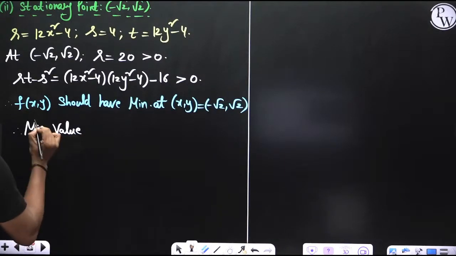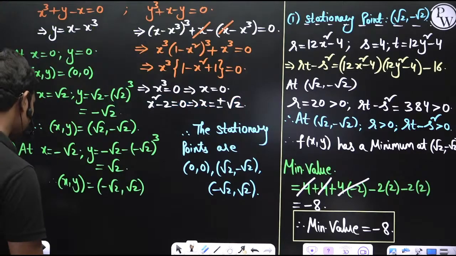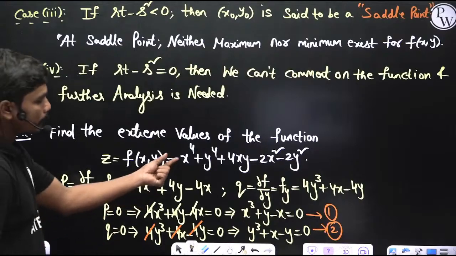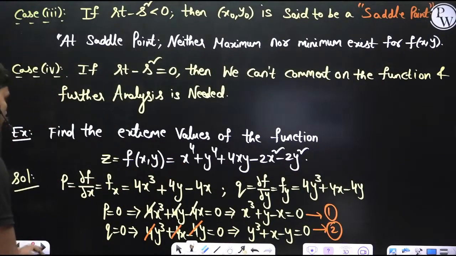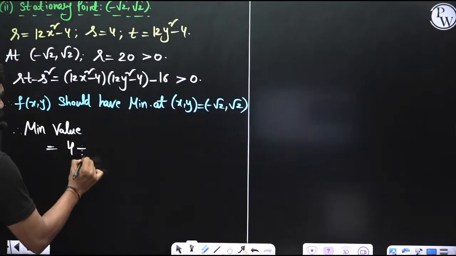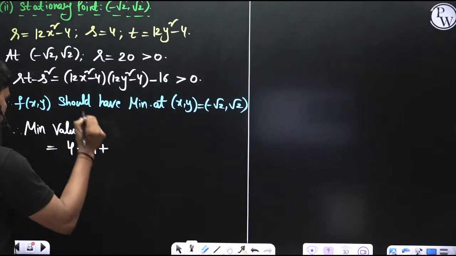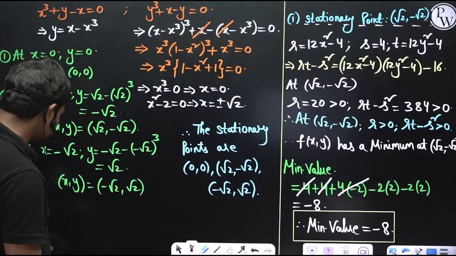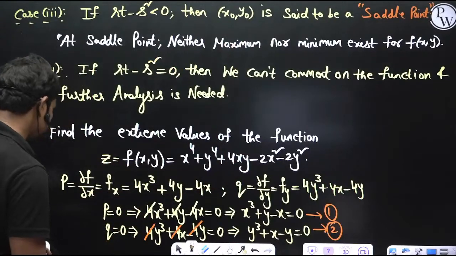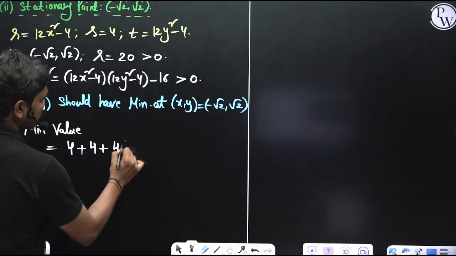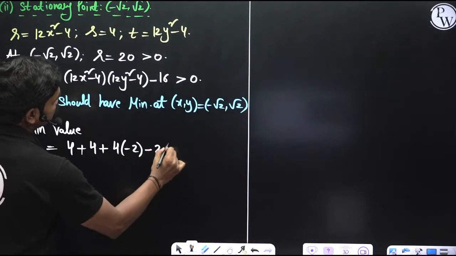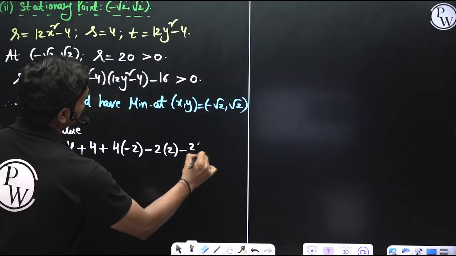Fine. So in this case, if you replace x equal to minus root 2 and y equal to plus root 2, minus root 2 whole power 4 is like 2 power 4, which is 4, plus y power 4 is actually root 2 power 4, which is 2 square, which is 4, of course, plus 4xy minus 2x square minus 2y square actually.